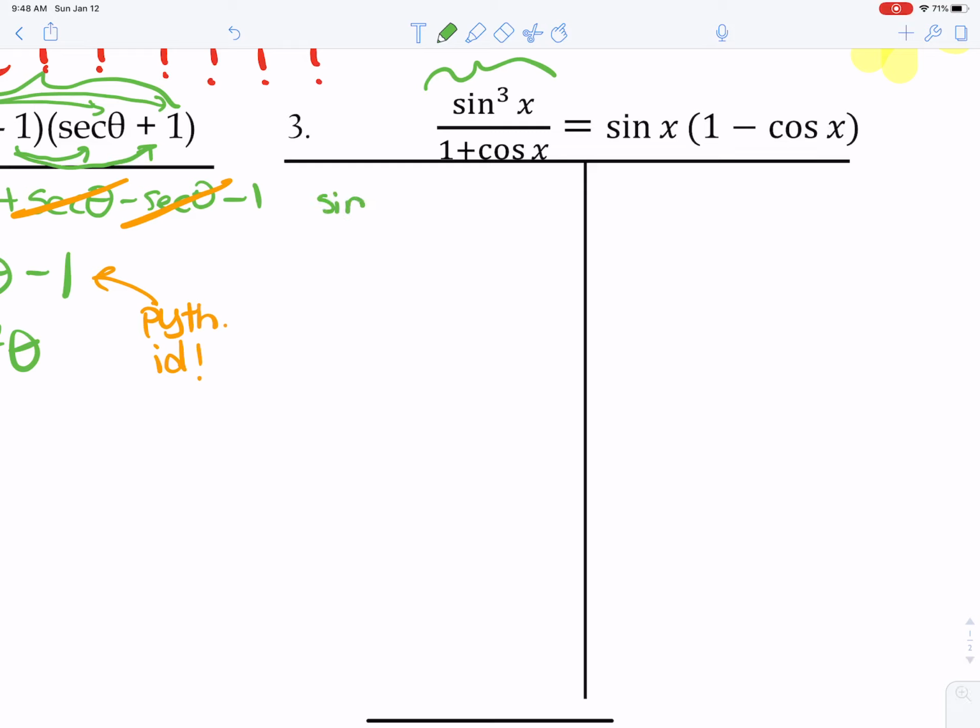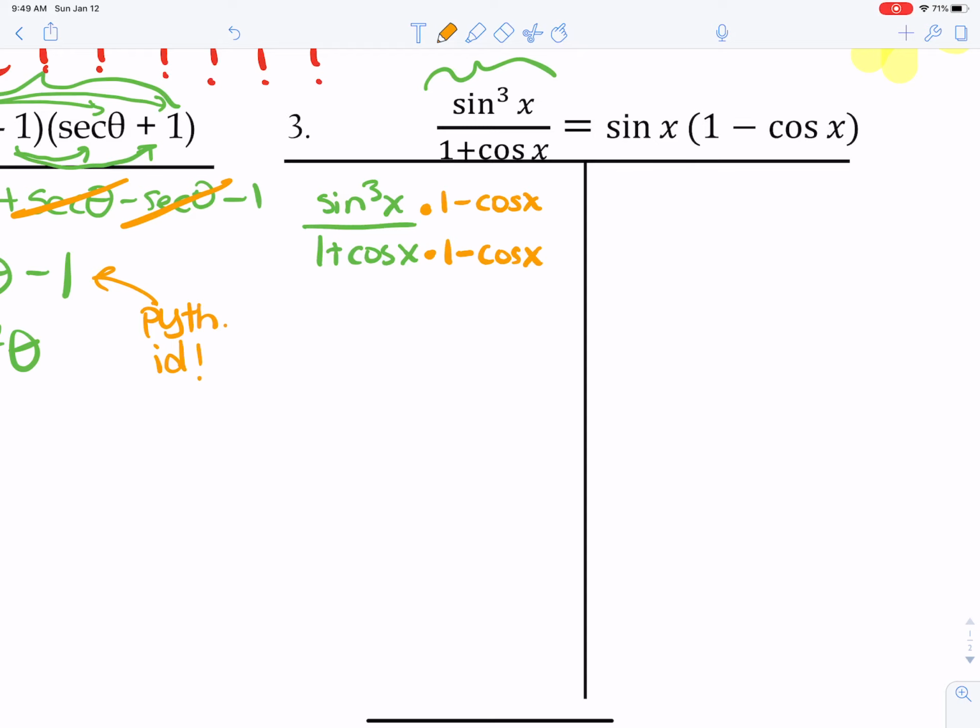So sine cubed x, all over 1 plus cosine x. When we multiply by the conjugate, that's just changing the sign in the middle to minus if it's plus, or to plus if it's already minus. And whatever you do to the bottom, you do to the top.